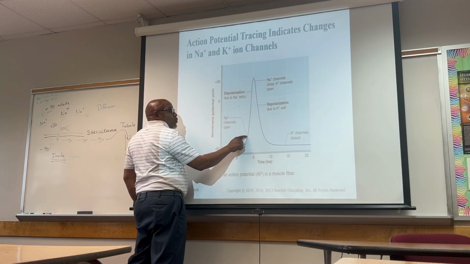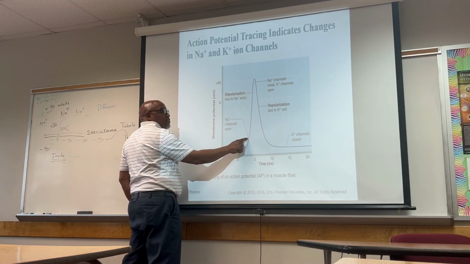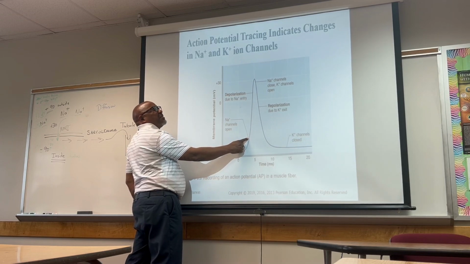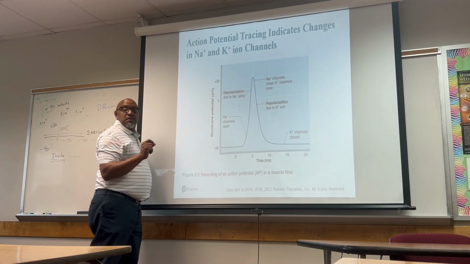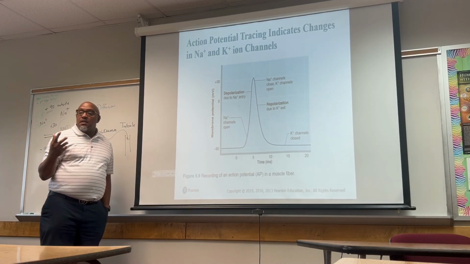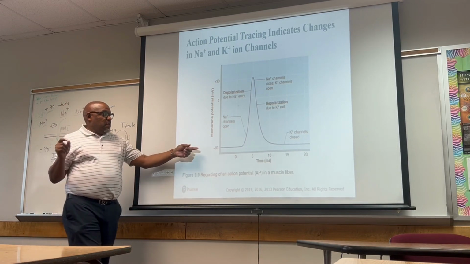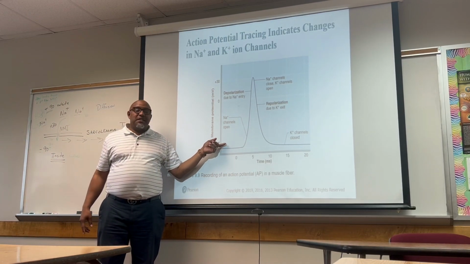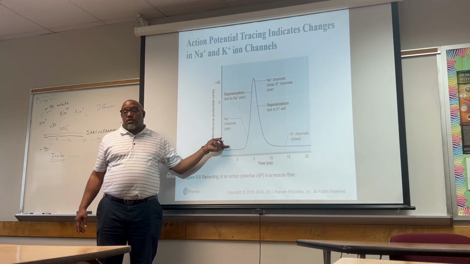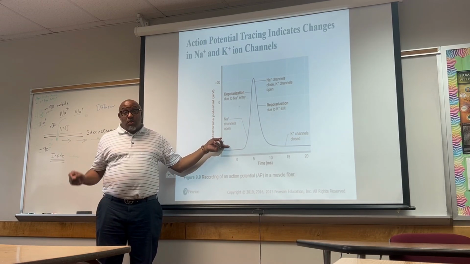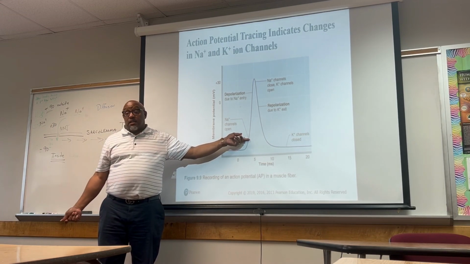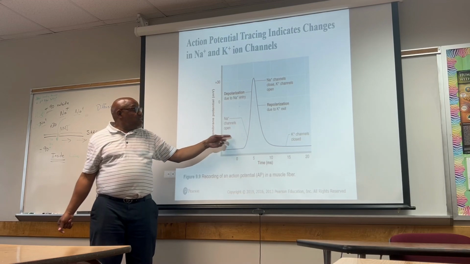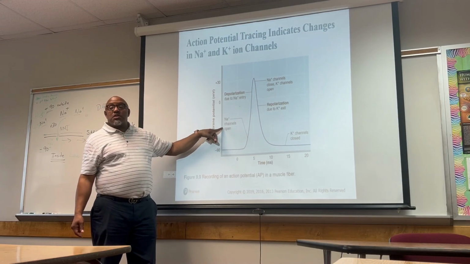Minus 90, when you get to this point, which is like a minus 70 or so, this is what's called threshold. Threshold means this: any sodium that comes in and moves from minus 90 to minus 80 doesn't create a muscle contraction. When sodium comes in and reaches minus 70, then you automatically get a muscle contraction, because all of the sodium channels are going to open.